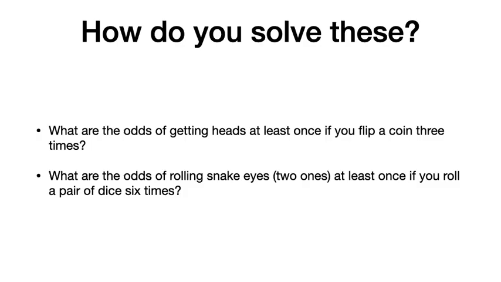With any of these, and honestly with anything you ever see in life that involves math, the smell test is always a good first one. If you get a crazy answer, you've probably done your math wrong or approached the problem in the wrong way. Well, how in the world would we do these problems?